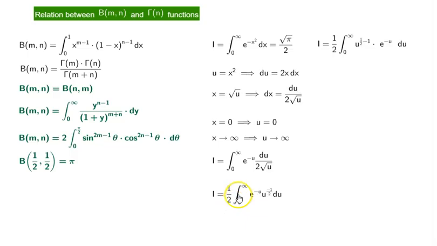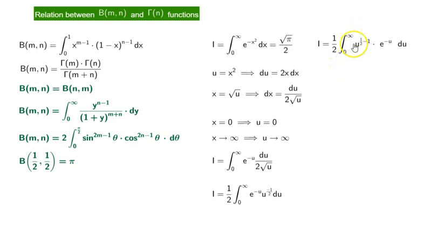What we are going to do is write u to the power of minus 1/2 as u to the power of 1/2 minus 1, which is the same as minus 1/2, times e to the power of minus u du.